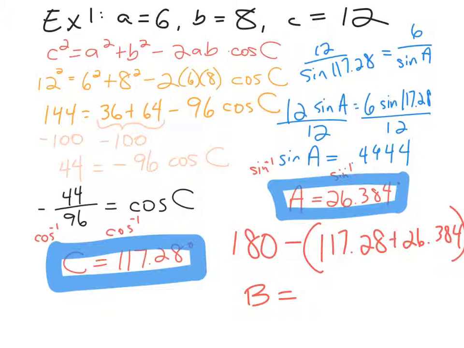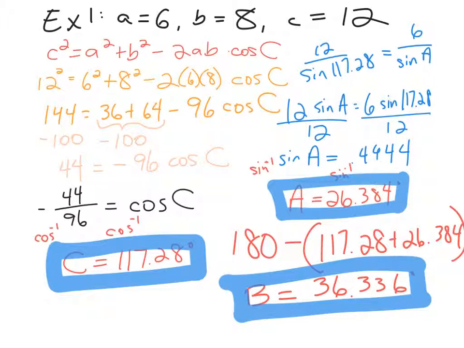So 180 minus 117.28, and then I'm going to subtract another 26.384, and that's going to give me angle B as 36.336 degrees, and now we have discovered the third angle.